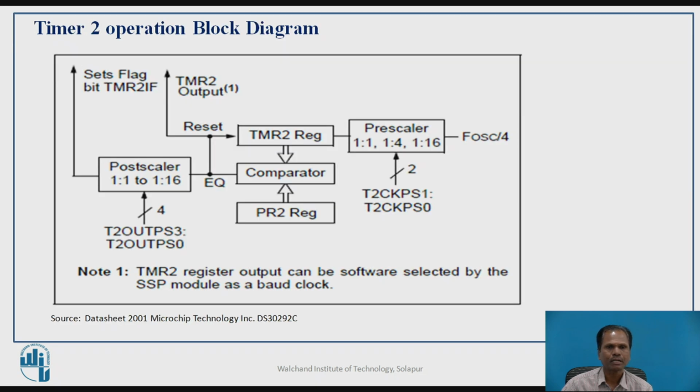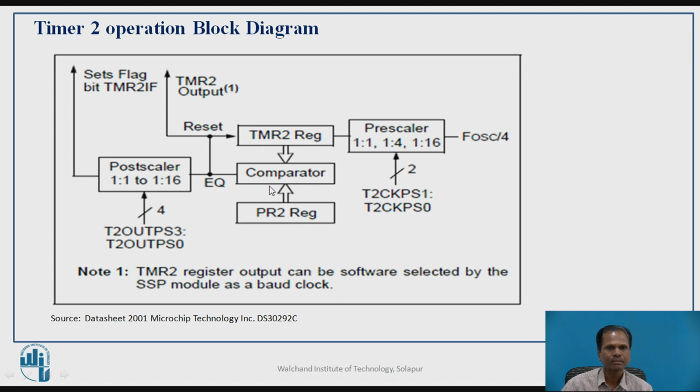So this figure shows the internal functional block diagram of timer 2 in PIC microcontroller. The input clock signal, from the system clock divided by 4, is prescaled using a software programmable prescaler. It is given to timer 2 register. Timer 2 register is incremented and its value is constantly compared with the 8-bit period register.